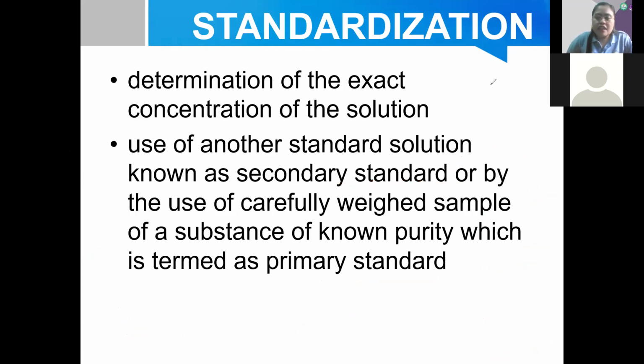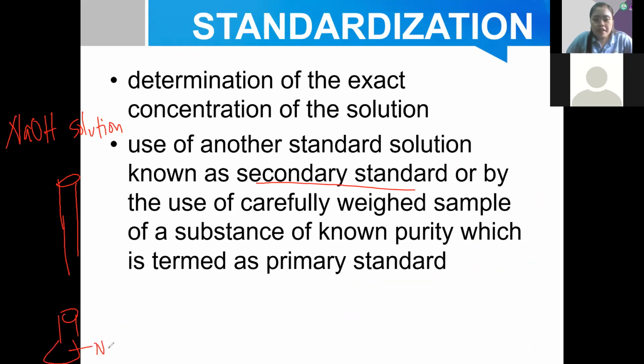But if you have seen a titration process where a secondary standard was used, there is also an example with an NaOH solution. What you do is, you have the burette here. The NaOH solution is placed in the Erlenmeyer flask together with the indicator. Then the titrant used is hydrochloric acid.